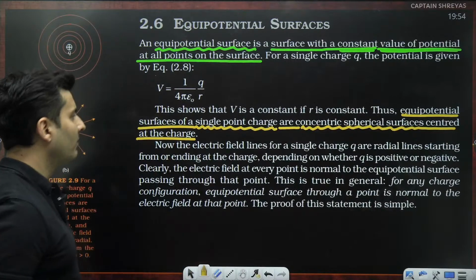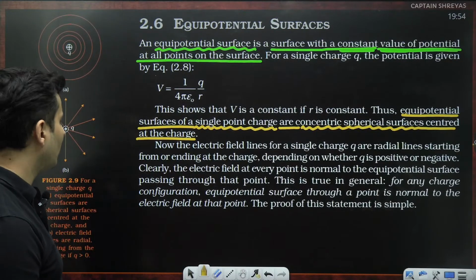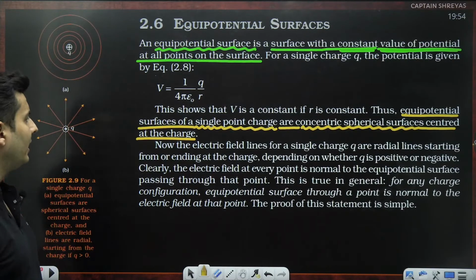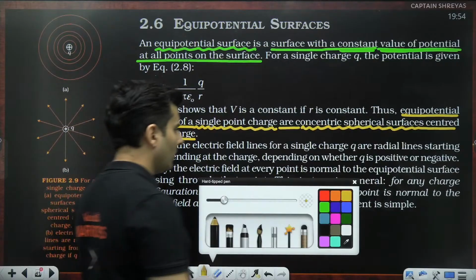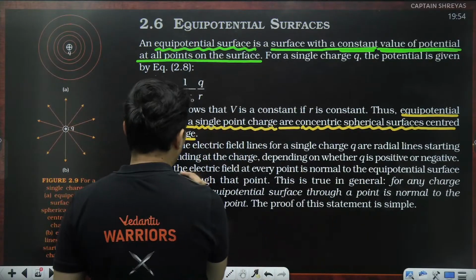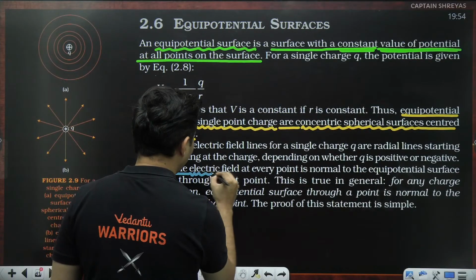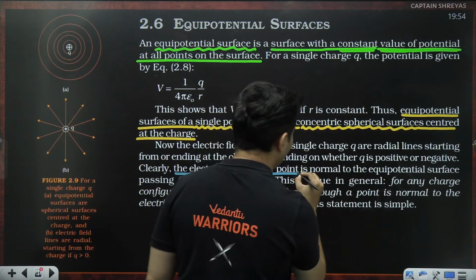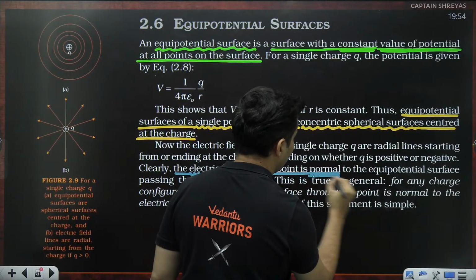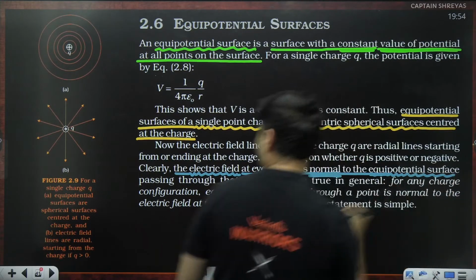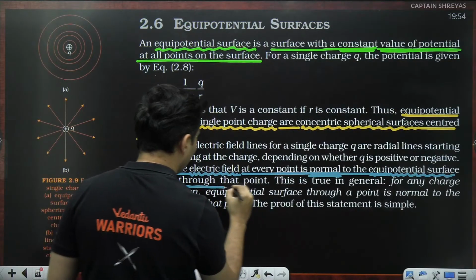Now the electric field lines for a charge are radial lines starting from or ending at the charge, depending on whether Q is positive or negative. Clearly the field at every point is normal. Very important: the electric field at every point is normal to the equipotential surface passing through that particular point.